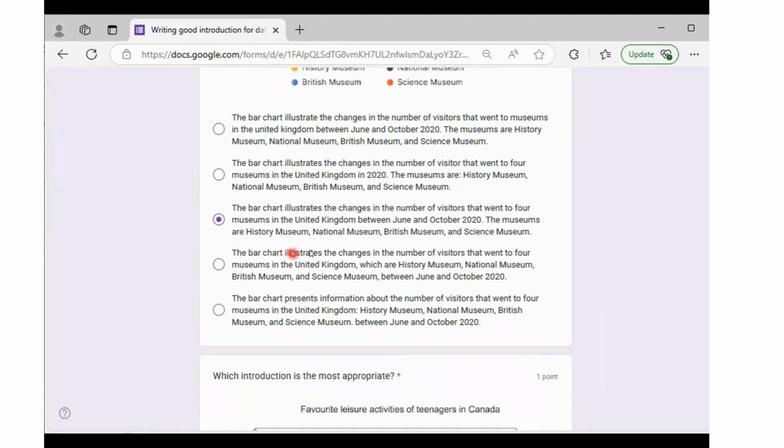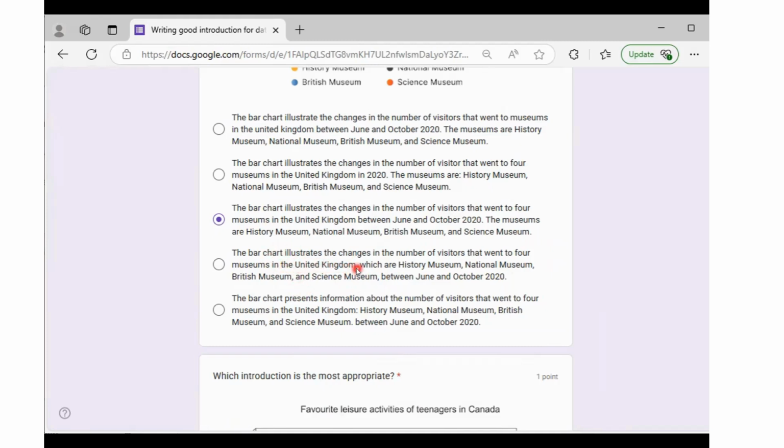Option D, the bar chart illustrates the changes in the number of visitors that went to 4 museums in the United Kingdom, which are, now this one is a long, awkward sentence. This person is trying to do a 1-sentence introduction, and it makes the thing look awkward and unnecessarily wordy. It's better to split it into 2 sentences. The way this sounds, what it basically sounds like is what?